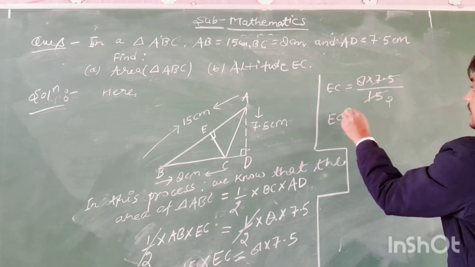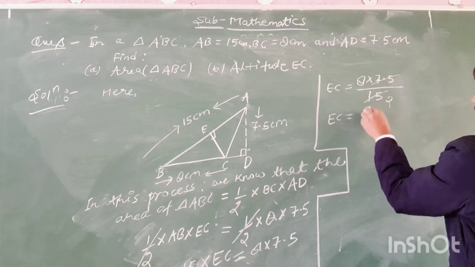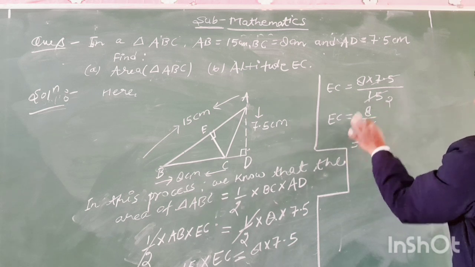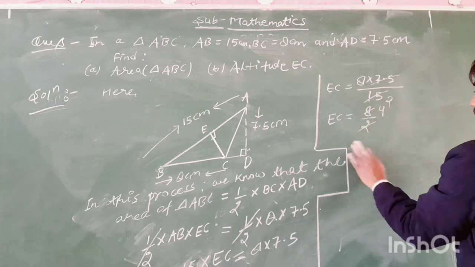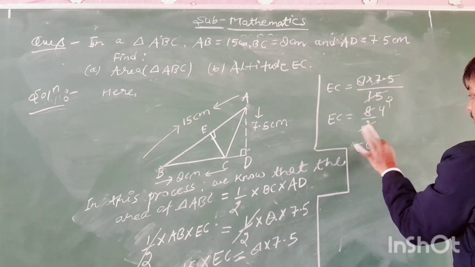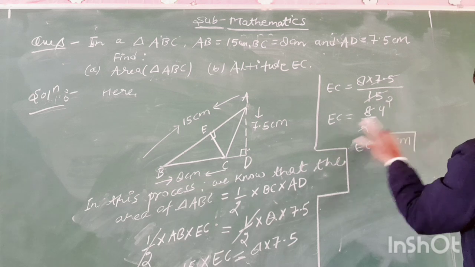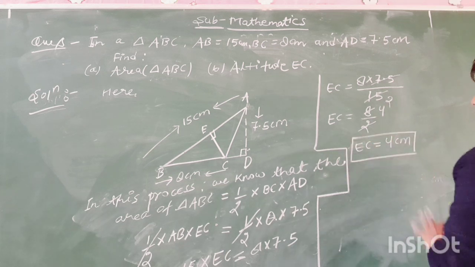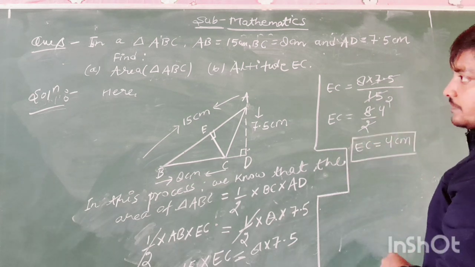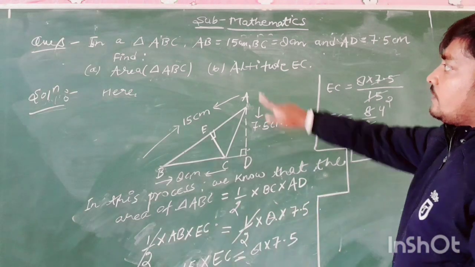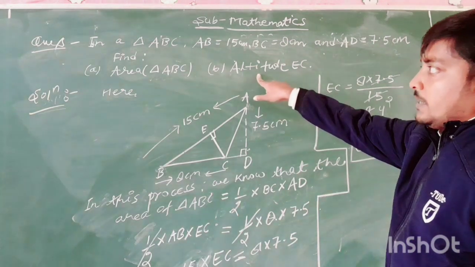So EC will be equal to 8 upon 2, and 2 4s are 8. So EC is 4 centimeter. So the measure of EC is equal to 4 centimeter, which is the solution of B part.